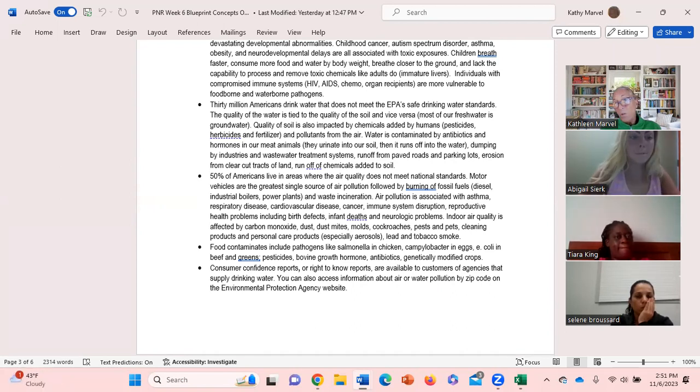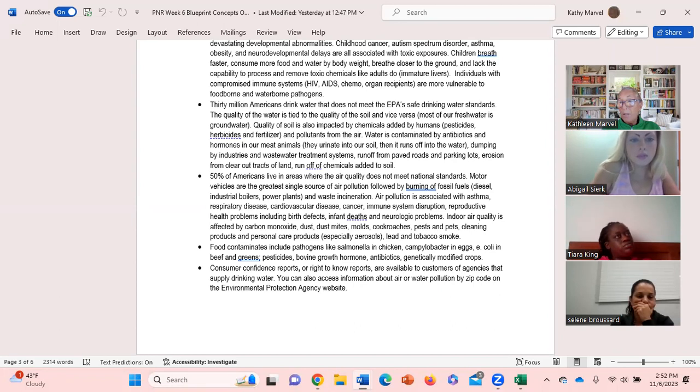Okay, soil is a factor in that as well. The quality of the soil is also impacted by chemicals, of what we use: herbicides, pesticides, fertilizer, pollutants from the air. Okay, also it's estimated that 50% of Americans live in areas where the air quality does not meet the national standards.